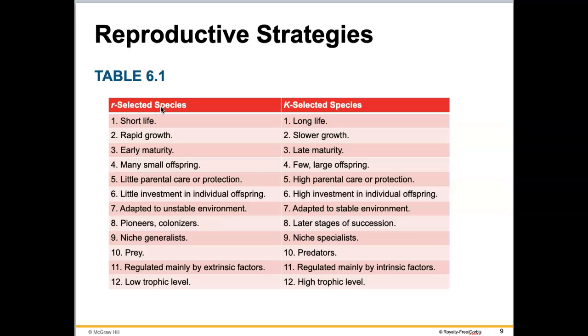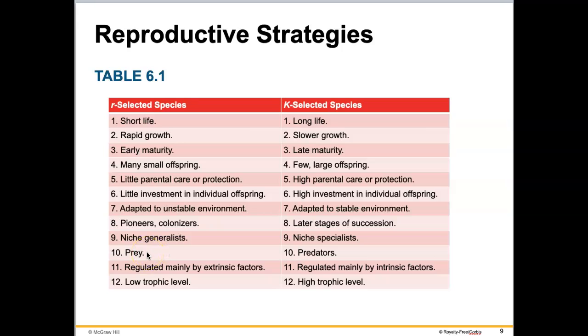So things like clams and fish, etc., have large numbers of offspring, but relatively few of them end up making it to adulthood.